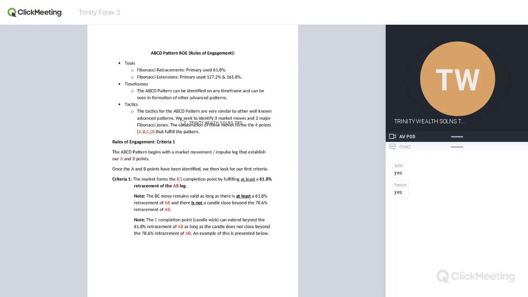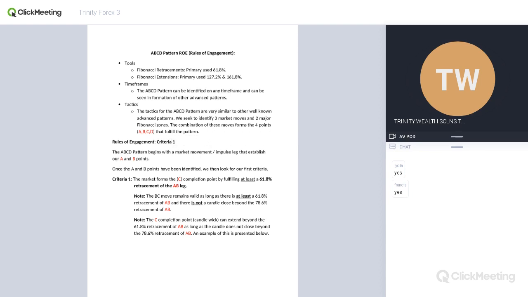The tactics are very similar to other well-known advanced patterns. We seek to identify 3 market moves, meaning swings, and 2 major Fibonacci zones. The combination of these moves forms the 4 points ABCD that fulfill the pattern.